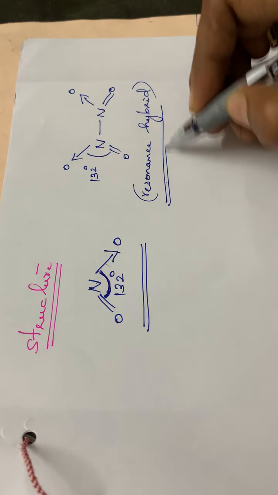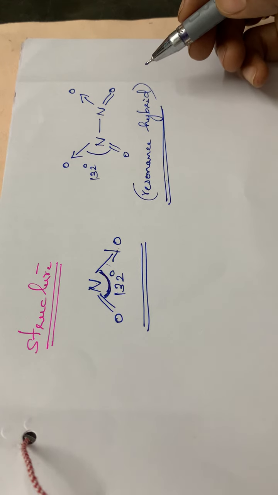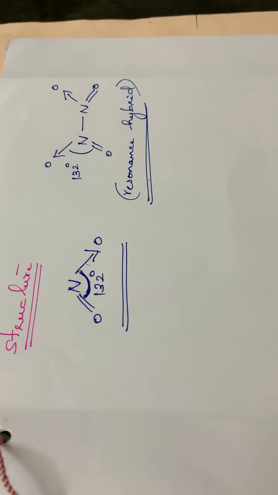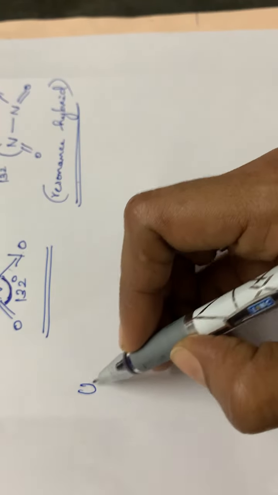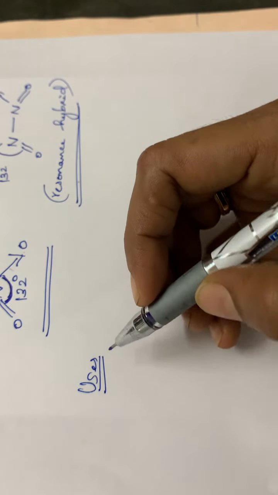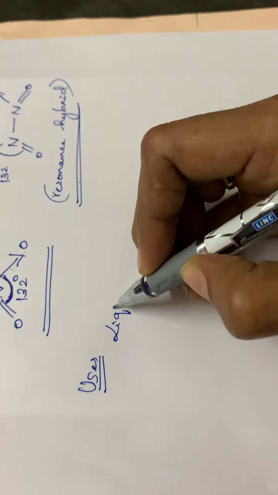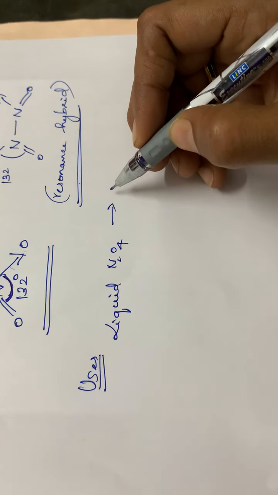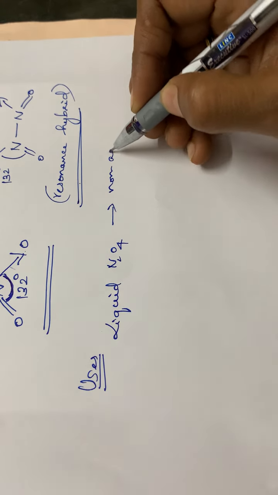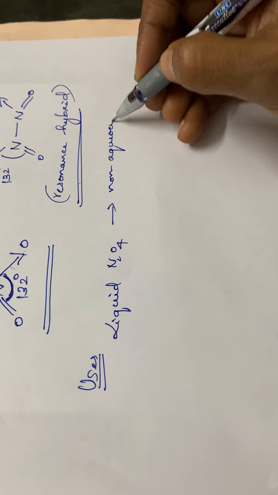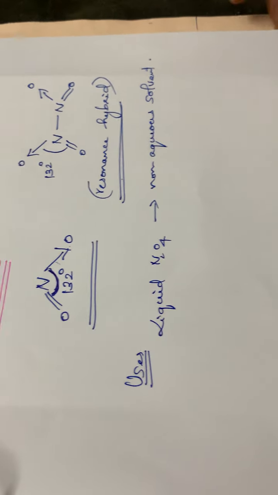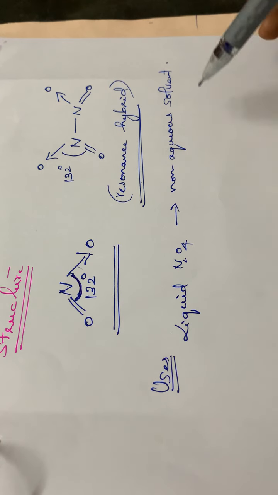Then the use of N2O4 is that this liquid N2O4 is used as a non-aqueous solvent. Okay, so this is the structure as well as the uses of the N2O4 molecule.